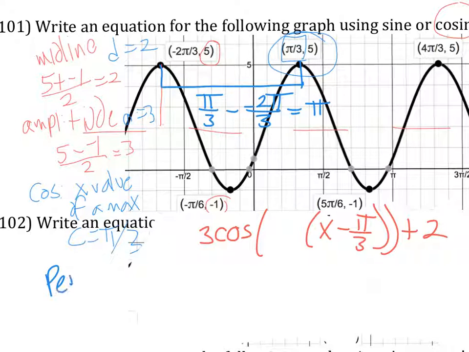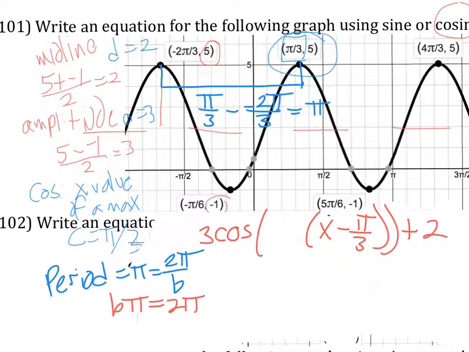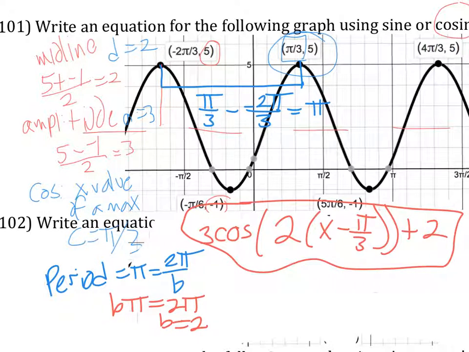All right, so period equals pi, and that's the same as 2 pi over our b value. In solving for b, I'm going to multiply both sides by b. I get b pi is equal to 2 pi, so b equals 2. My b value goes in front of the parentheses there, and this would be an example of one of the equations that would make this true.